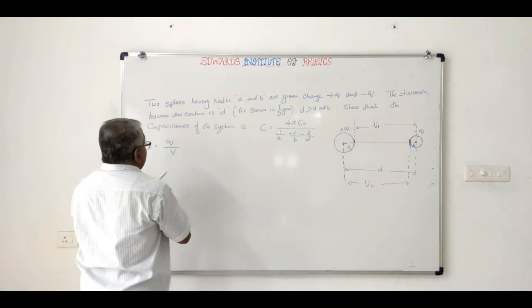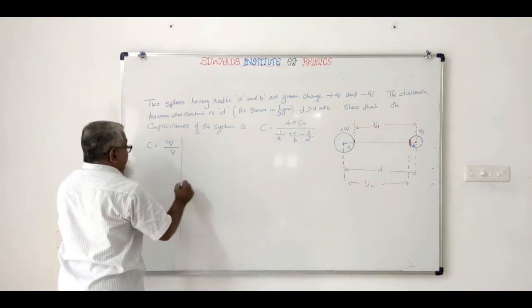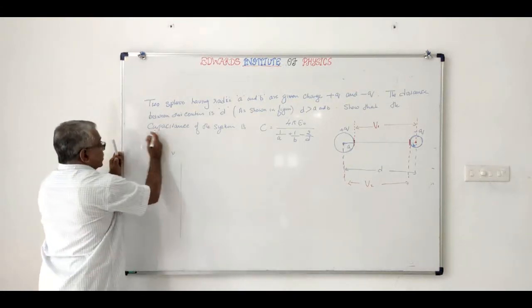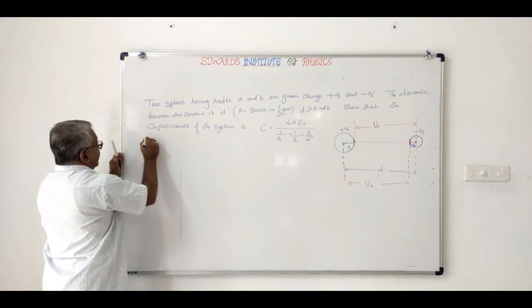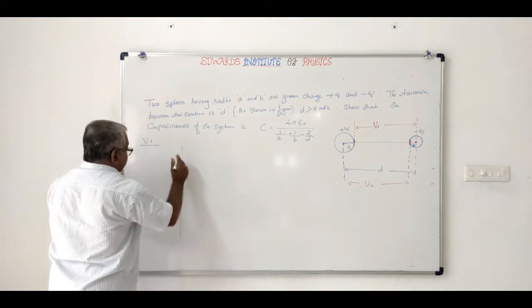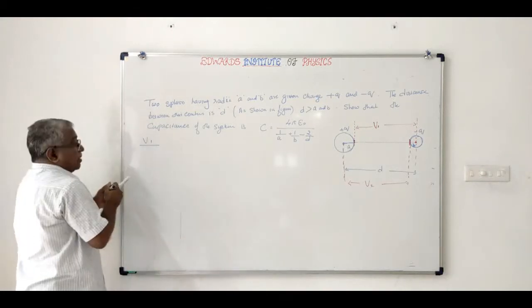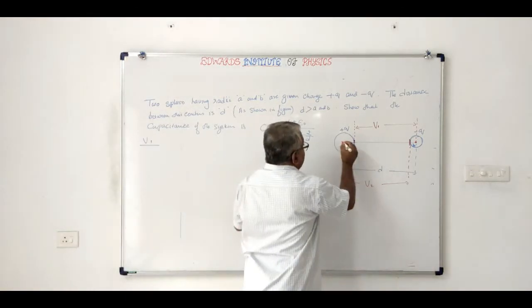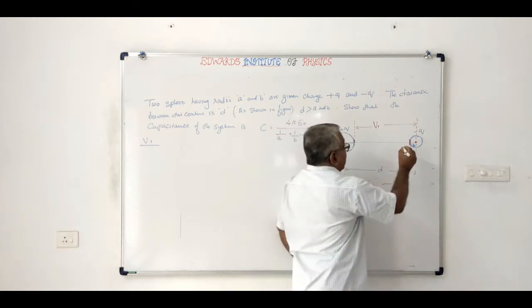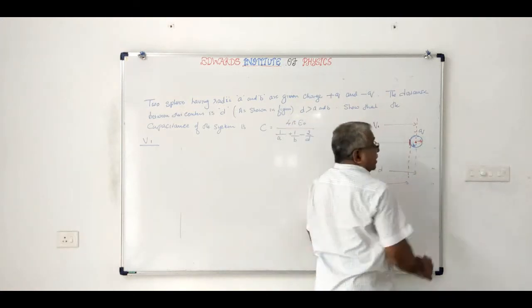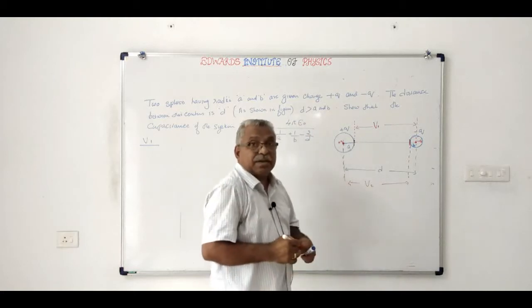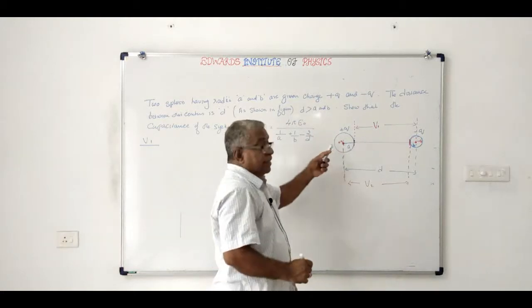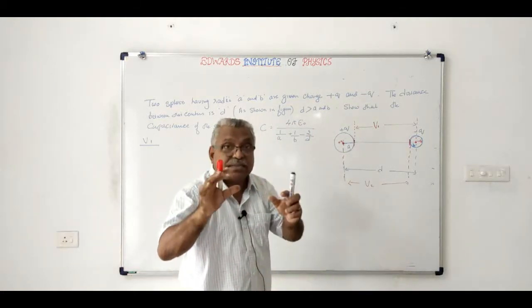So let us find out what V1 is. Since this is a sphere, the entire charge plus Q will be concentrated at its center, and minus Q will be concentrated at the center of the other. That is the peculiarity of a shell or a sphere: the entire charge is concentrated at its center.